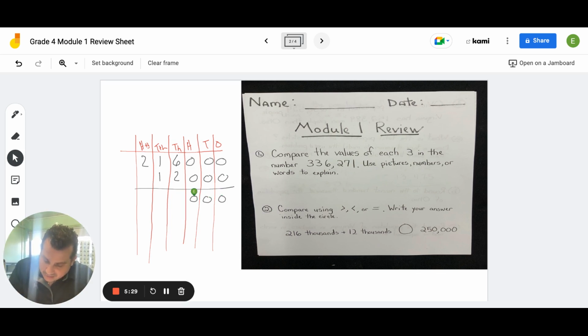I'm going to get 228,000. Well, so if this is 228,000 down here, and this is 250,000, which is greater? Well, 250,000 is going to be greater than 228,000. Okay.